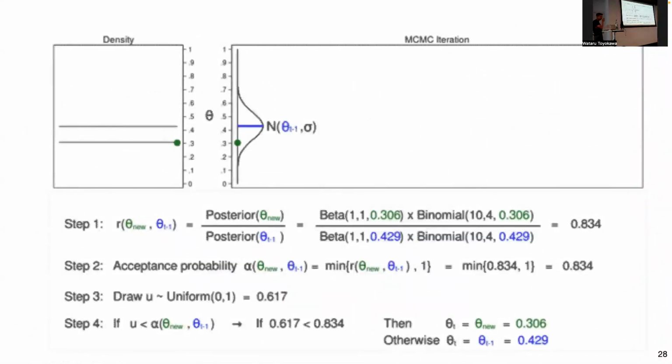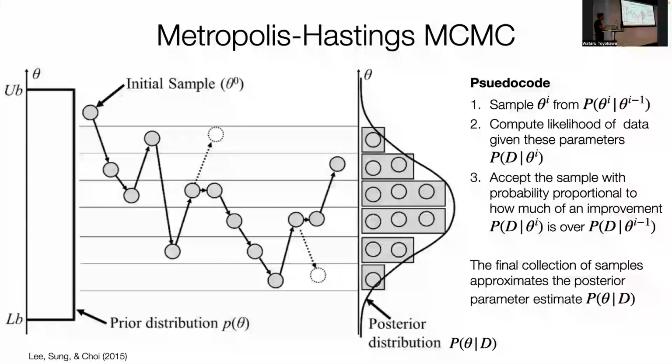Yes. Want to pass the mic? I was just wondering, does it matter in which order we iterate the parameter space? Like, if we have multiple parameters in our model, does it matter for this procedure? We do it jointly, at the same time, because the likelihood is defined by all the parameters in the model.